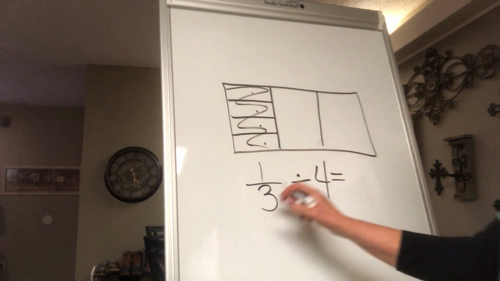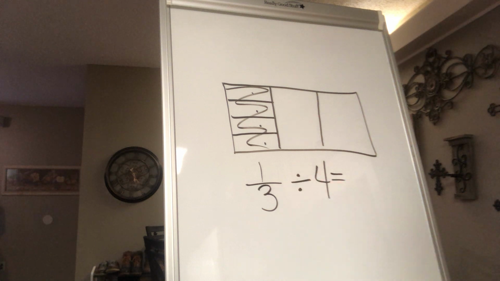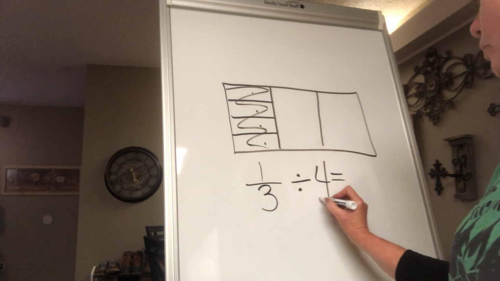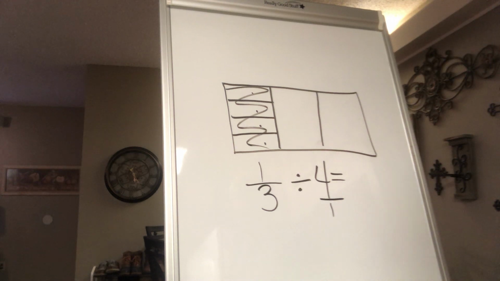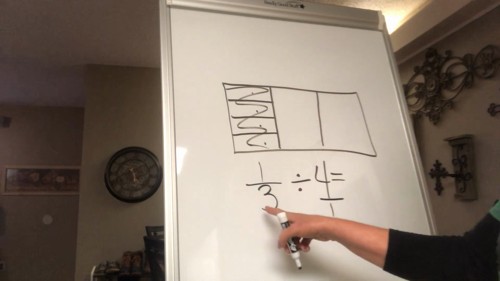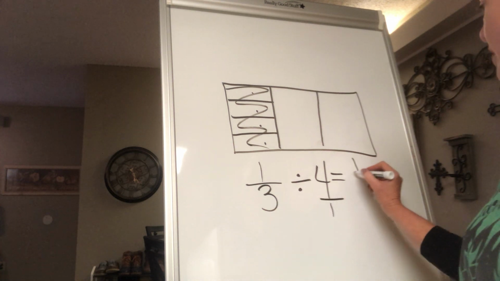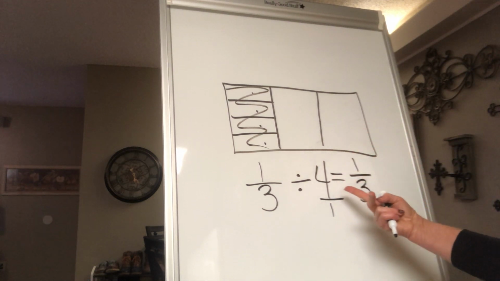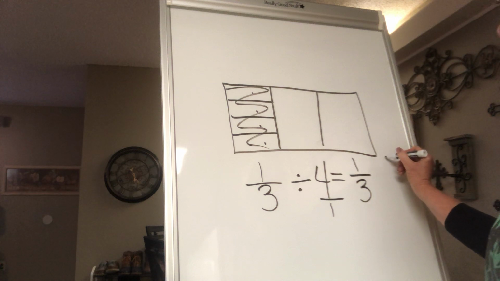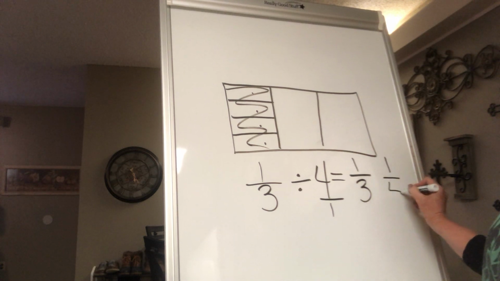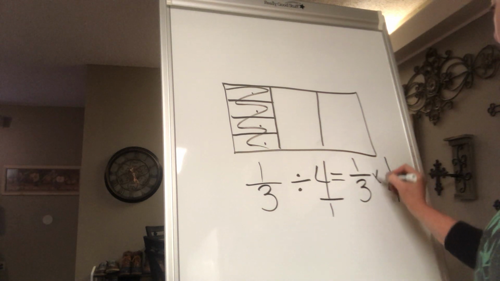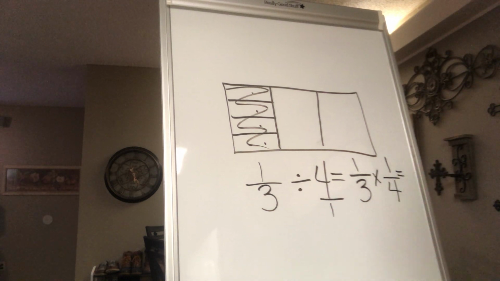We know that when we're dividing and it involves a fraction, the first thing we need to do is think of our whole number as a fraction also. And then we know that we just slide the first fraction on over, and then we flip or do the reciprocal of the second one, and then we multiply straight across.